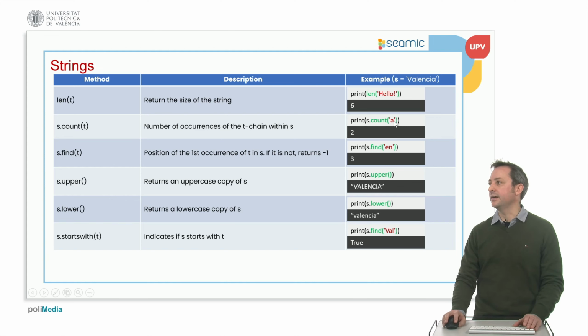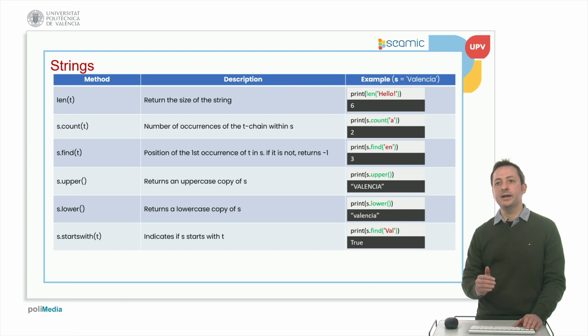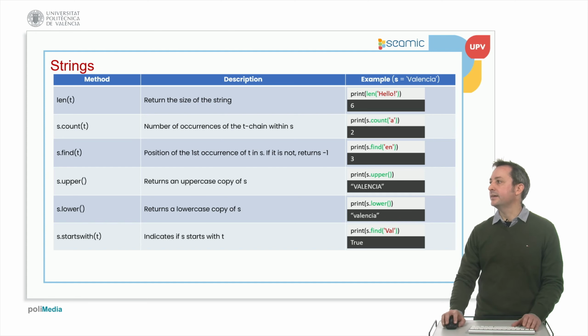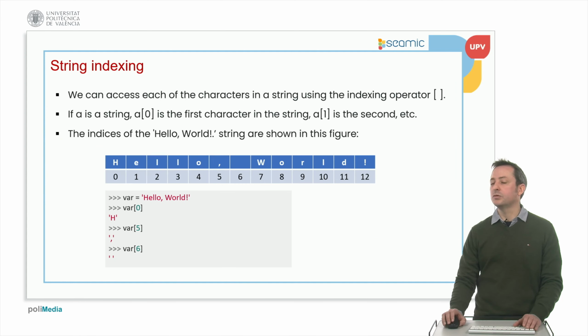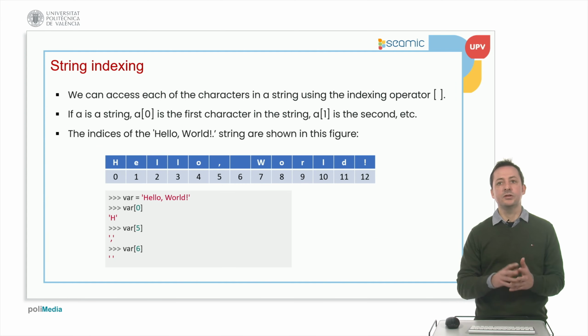In this case, a. Basically, this instruction will provide us, as a result, how many A's are in the string Valencia. In this case, 2. And here there are some other methods that can be used with strings. Of course, you can use the documentation in order to look for other methods that can be used in your code.